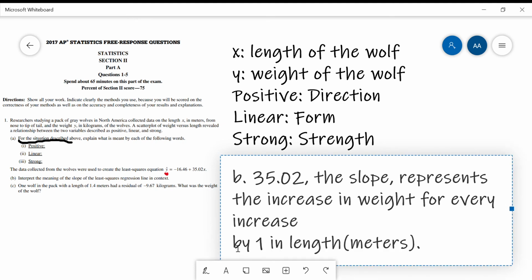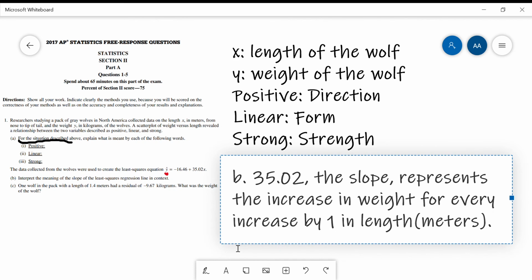Also, when you do an AP Stats FRQ, read your sentence and see if it makes sense. If a wolf increased in length by 1 meter, is 35.02 kilograms a reasonable amount to grow by? Here's a potential mistake. Let's say somebody read it as every 1 inch, but read kilograms as well.